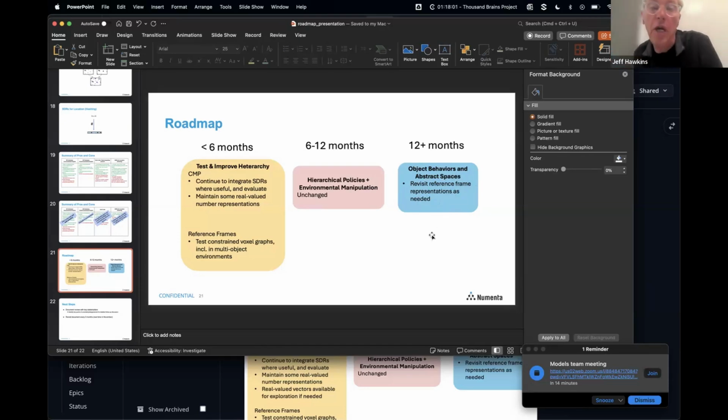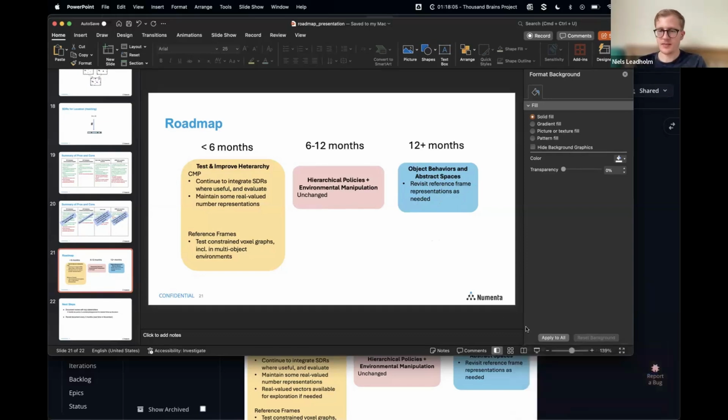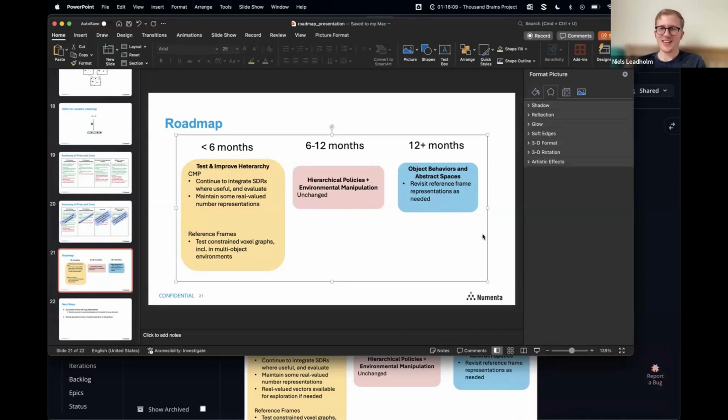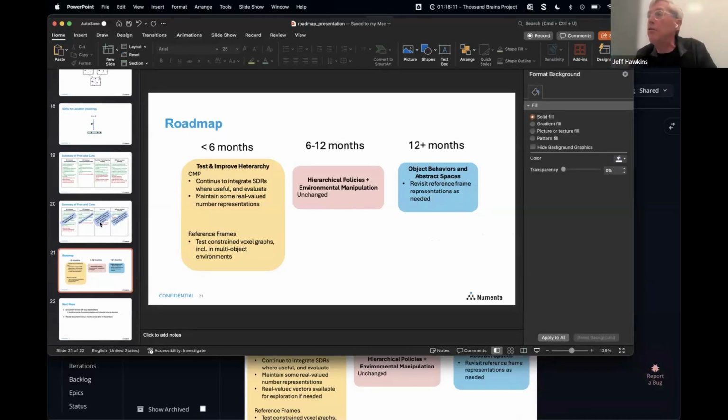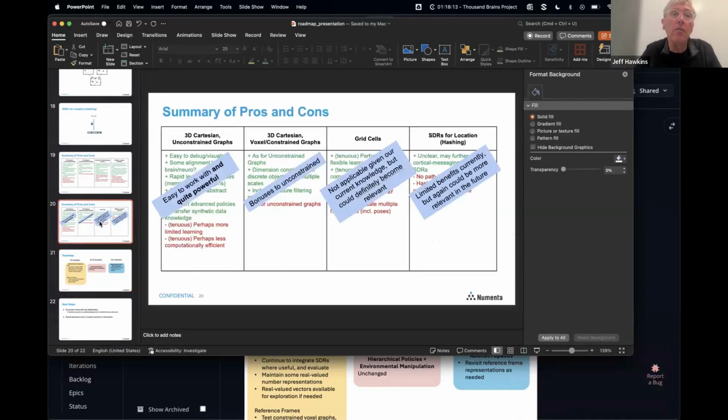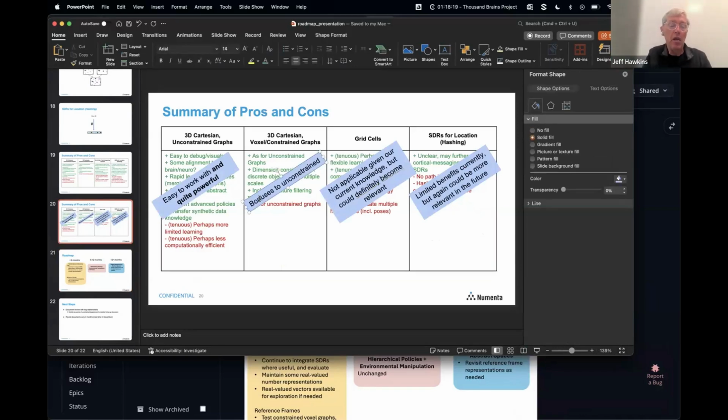Maybe, but we don't know yet. The problem with a slide like this is someone says, see, it's been 12 months, it's time to work on this. It's like, no, we could work on it tomorrow, or we could work on it 3 years from now, depending on what we've learned. So it's not a roadmap for implementation in this case. This is a go until it's broken, and then we'll have to figure out how to fix it.